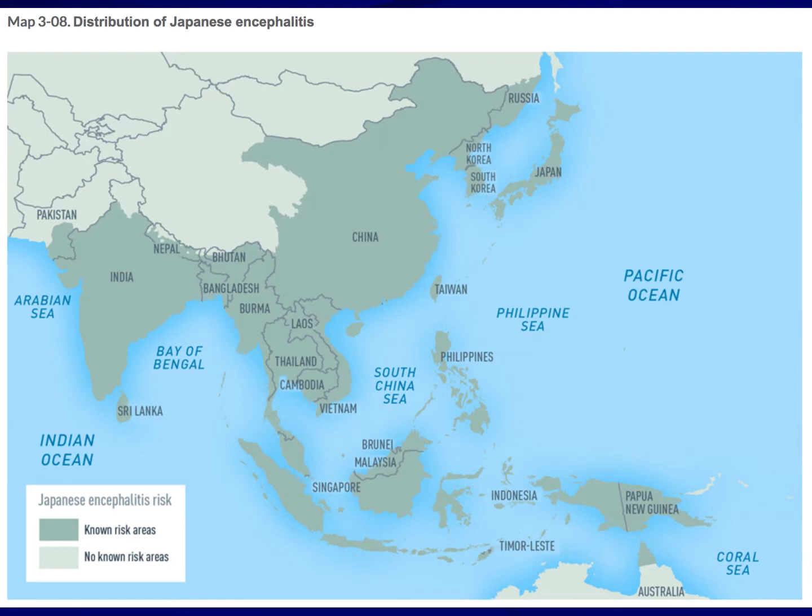And when we look at Vietnam, we see the entire place says it's known risk areas. So that is not very helpful. We need to look further and go into the text itself. There will be a table after the map that will provide you more information.